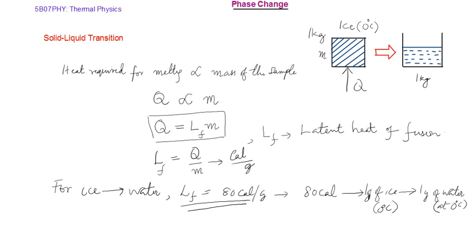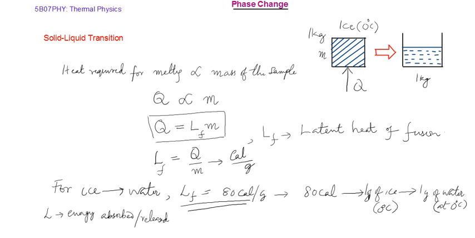So what is meant by latent heat? Latent heat is the heat energy that is absorbed, in the case of ice to water transition, and that is used for overcoming the intermolecular cohesive forces. It can even be released: in the reverse case, when water freezes to form ice, the same amount of heat is released.